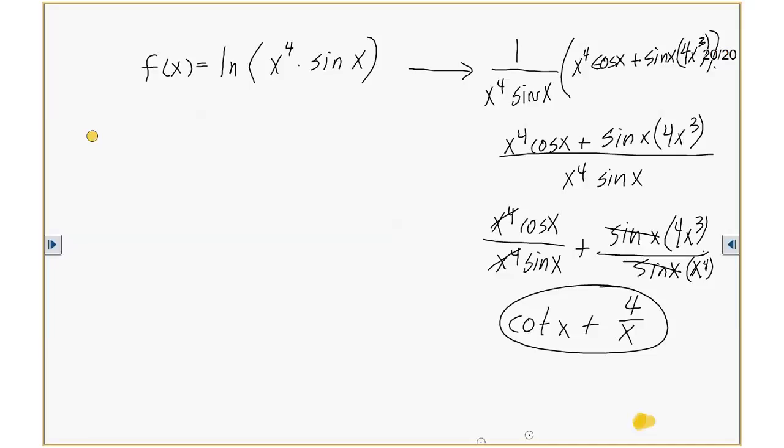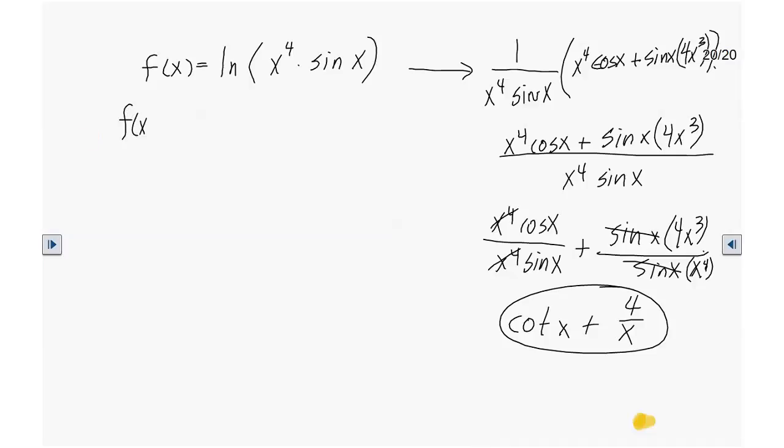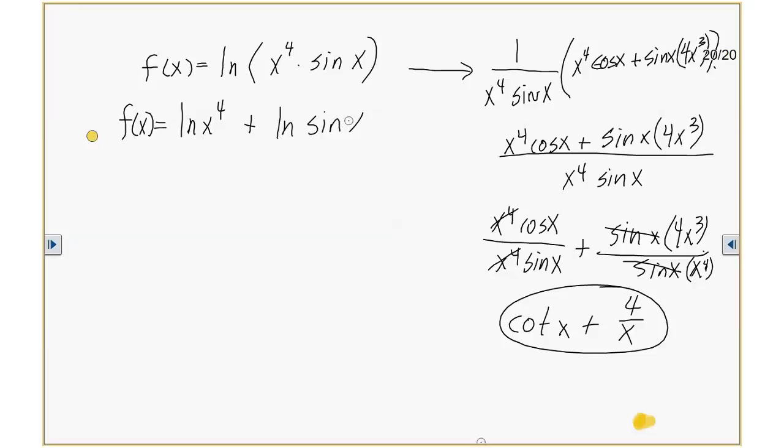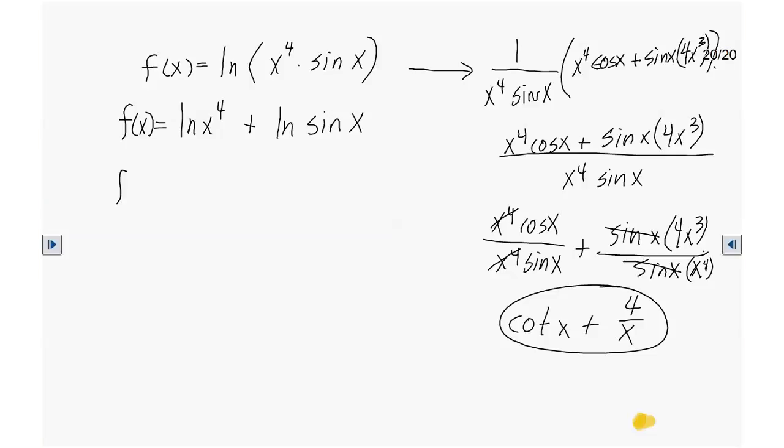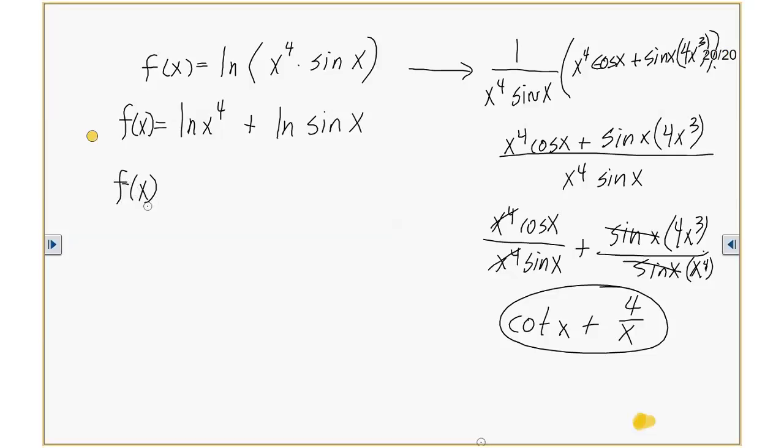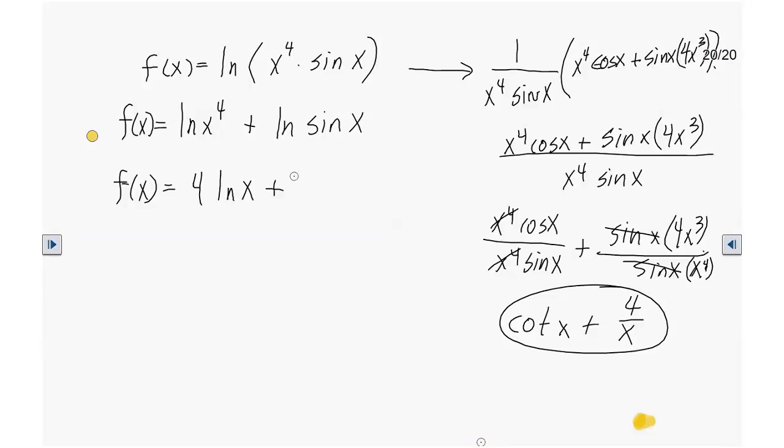So you could do that, or you could do f of x is equal to the log of x to the 4th, what? F of x is equal to 4 natural log of x plus the natural log of sine of x.